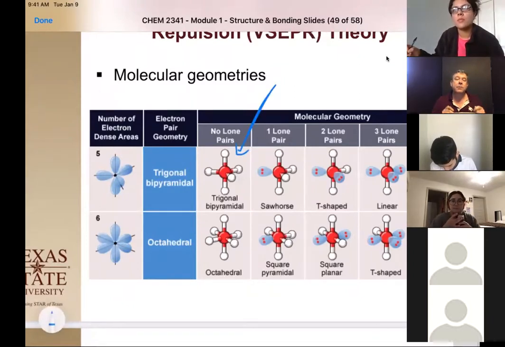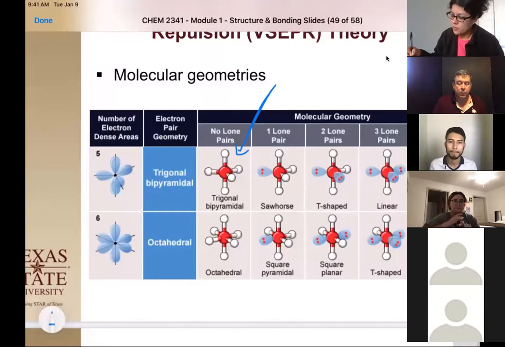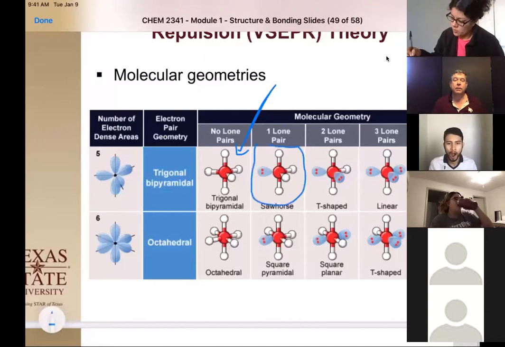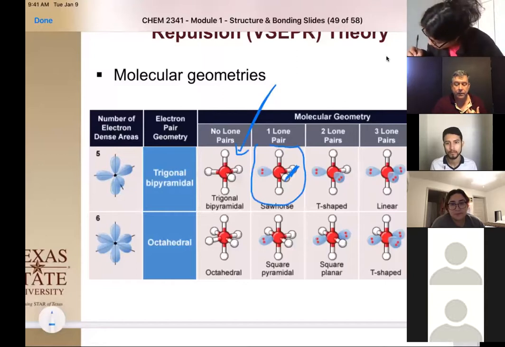Now, this is where molecules start getting very oddly shaped. Because if you have a single lone pair and 4 bonds to it, we can have this little thing called a seesaw, a sawhorse. If you can imagine these two right here are on the ground and that can teeter-totter back and forth, okay? If we take away one of those atoms and just leave an electronic domain, we actually end up with a T-shaped molecule here, okay?